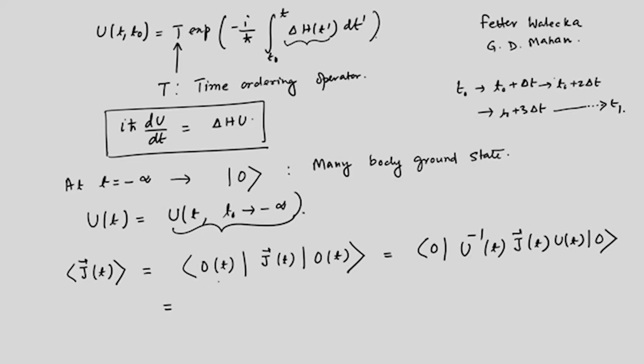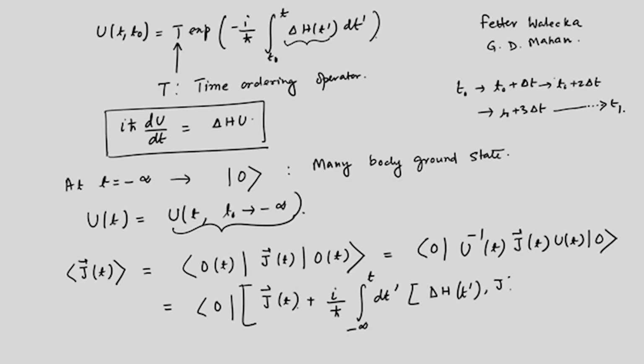So we will have this as 0, j of t, and a plus I over h cross, integral from minus infinity to t, with a dummy variable dt prime, and then a commutator which is delta H at t prime and j of t, and so on.